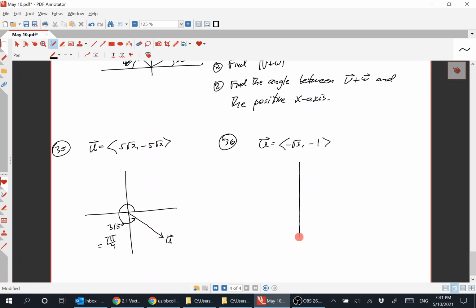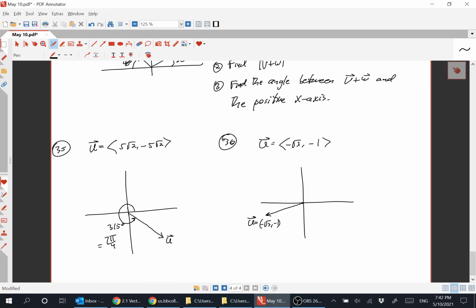So what quadrant is that vector in, since x and y are both negative? What quadrant does that vector point in? The third, right? The third quadrant, right? Minus root 3, minus 1.